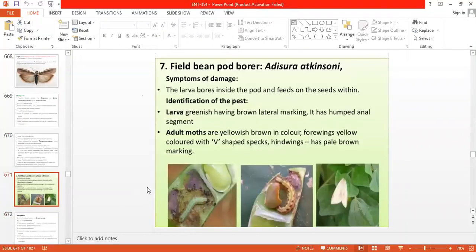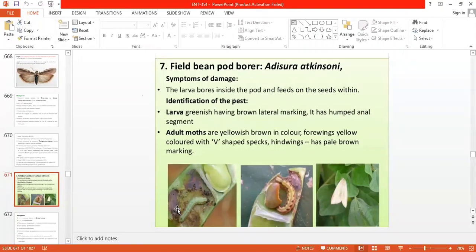The next one, pest of pulses, that is the field bean pod borer, Adisura atkinsoni. This pest mainly infests the pods, bores the pods and feeds on the seeds inside, with an adverse effect on the yield of pulses. Larva is mainly greenish, having brown lateral markings.